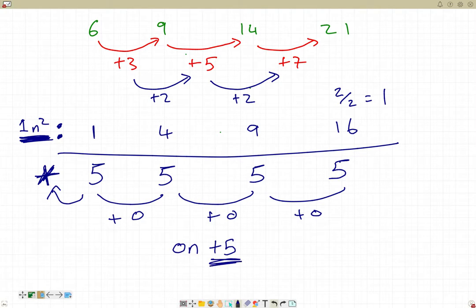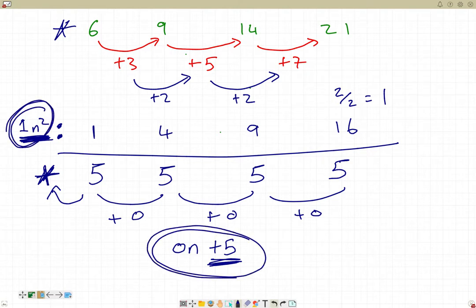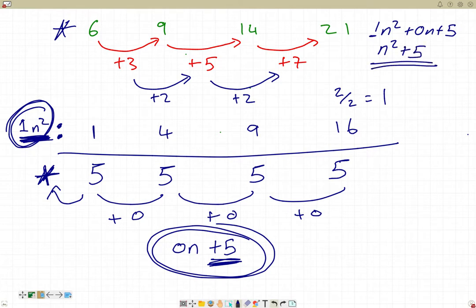So the nth term of this quadratic sequence will be 1n squared plus 0n plus 5, which you can write as n squared plus 5, because you don't need to write the 1 or the 0n. Okay, one more example.